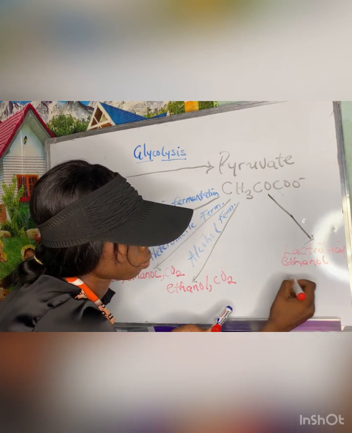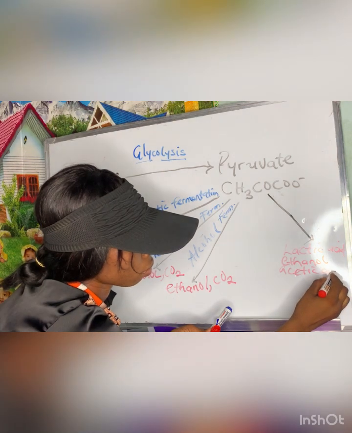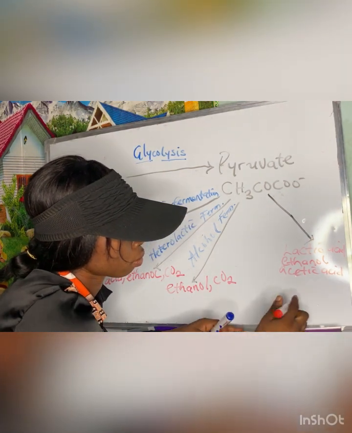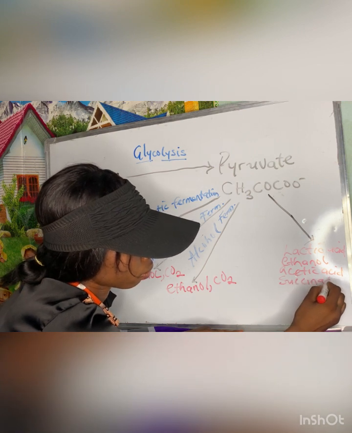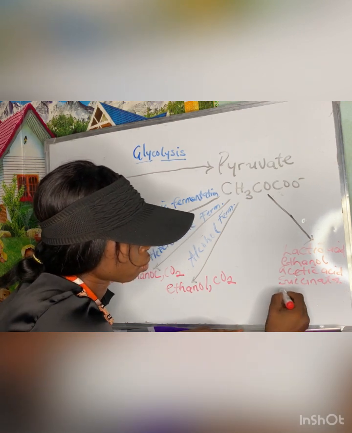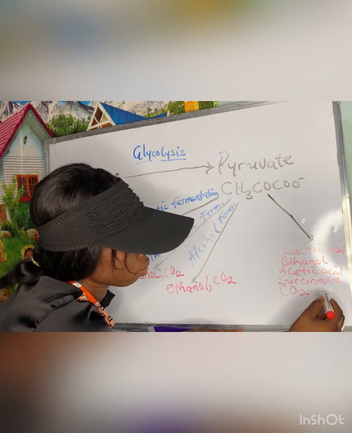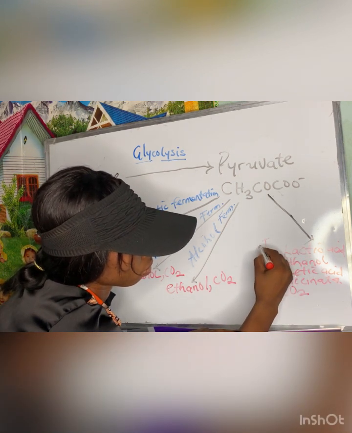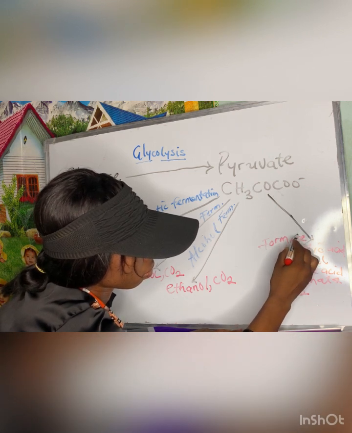Then the other one: we can use pyruvate in the synthesis of lactic acid, ethanol, acetic acid, succinate, then carbon dioxide and formates. So you see, we have a mixture of products here.